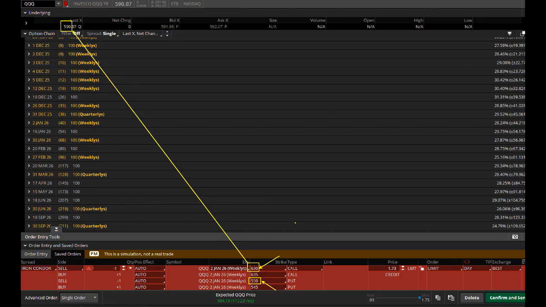But one of the things to pay attention to is when volatility spikes, what that means is the market can move a lot more, meaning the stock price can bounce around. So when volatility increases, it allows us to go further away from the stock price where we make our iron condor, because the volatility spikes the prices of the options, meaning we can collect a lot more by getting a lot further away.